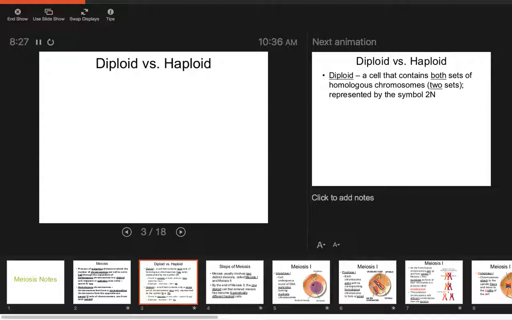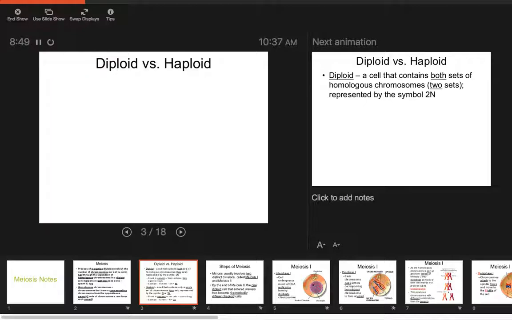Does that make sense? Because if our sex cells had 46 chromosomes, the baby would have 92, and that doesn't work out. That's why meiosis is so important, to reduce the number of chromosomes in those sex cells, so it's 23 and 23. Are we with me so far?